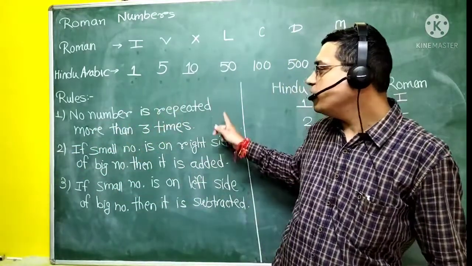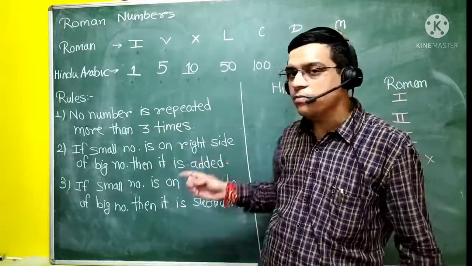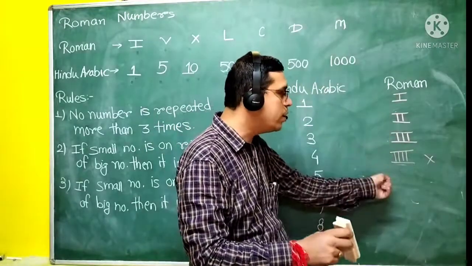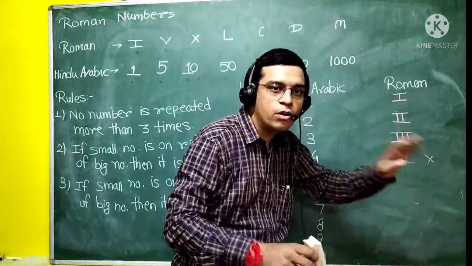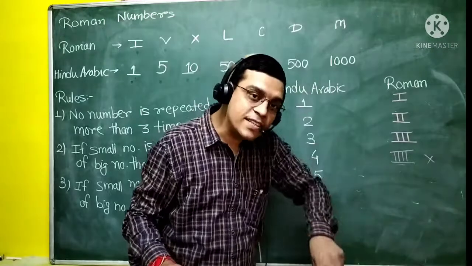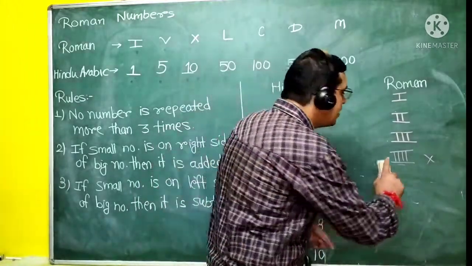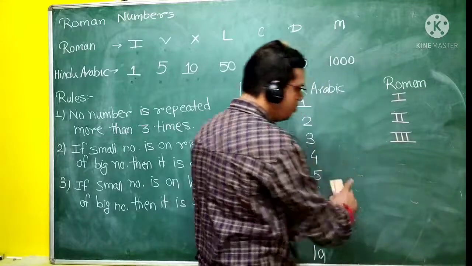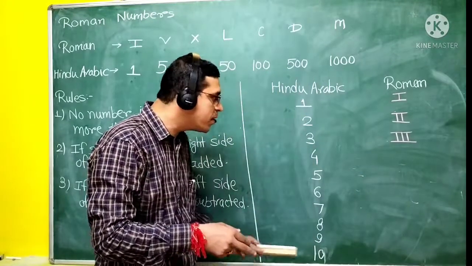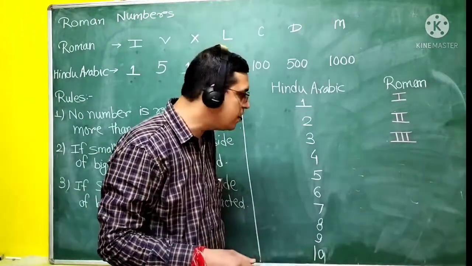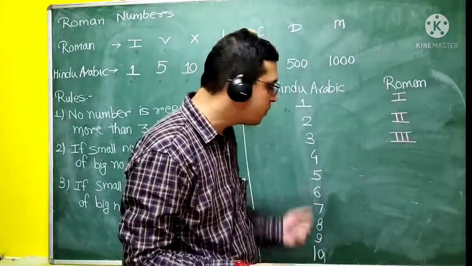No number is repeated more than 3 times. तो यहाँ पे मैंने क्या किया? 1 1 1 1, 4 times. This is wrong. So that's why I cannot write like this. चलो ठीक है भैया, नहीं लिख सकते ऐसे, अब क्या करें? ऐसे नहीं लिख सकते, कैसे तो लिखना पड़ेगा ना.